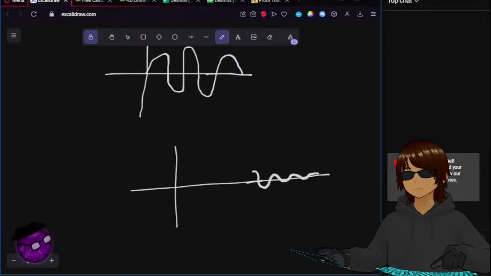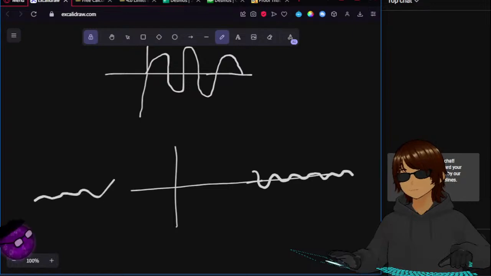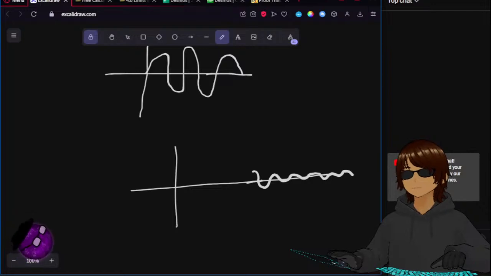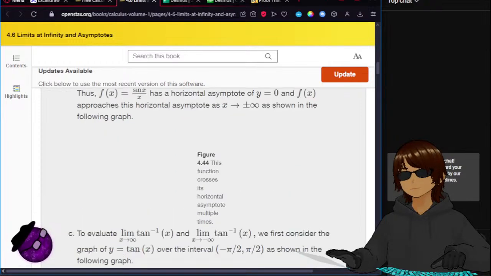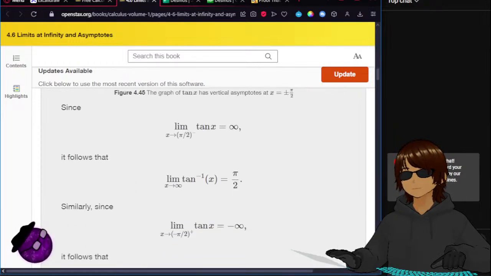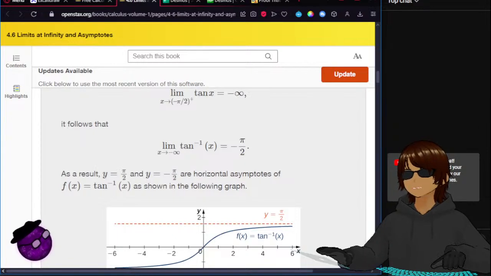Smaller and smaller, on both sides. You get the point. So yeah, it's 0 over there. And it says minus pi. Oh, for negative infinity, yeah. Minus pi over 2.